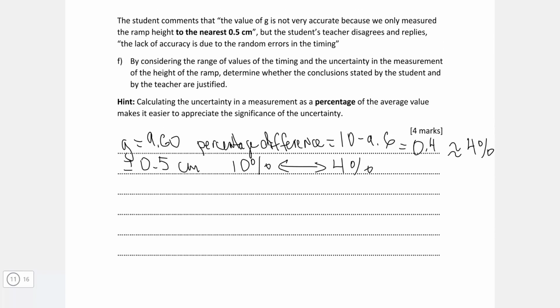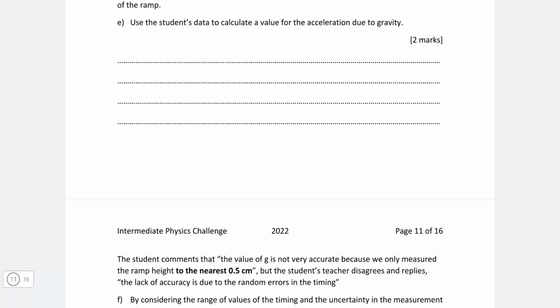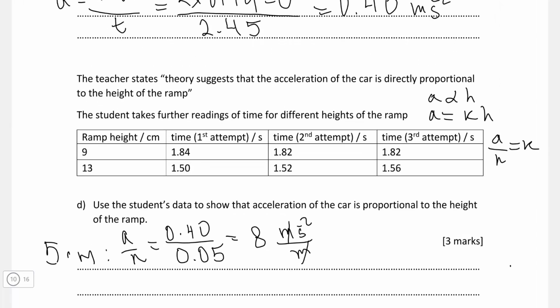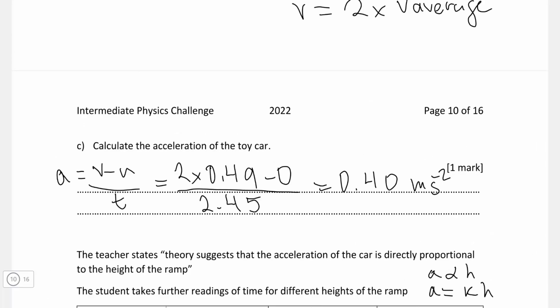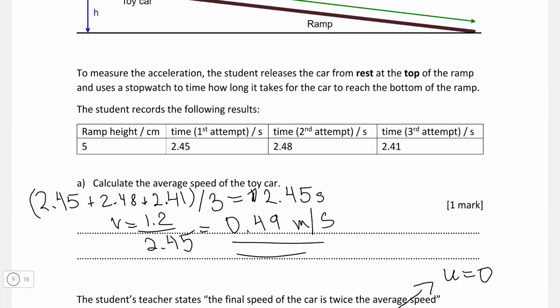Now, to work out the average in the actual time, what we need to consider is the range of values. So we need to go back to the different times and then work out the actual range. For instance, the range on this one will be equal to 2.45, which is the highest reading, take away the lowest reading, which is 2.41, which is around 0.04.